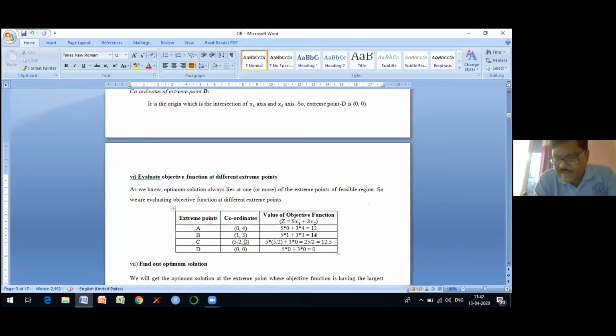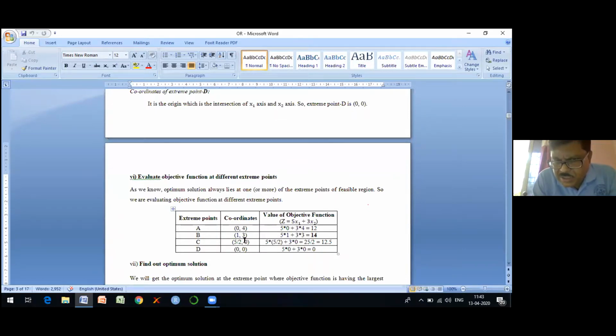Therefore, we can say that we will produce 1 unit of product P and 3 units of product Q, so that our profit will be maximum.